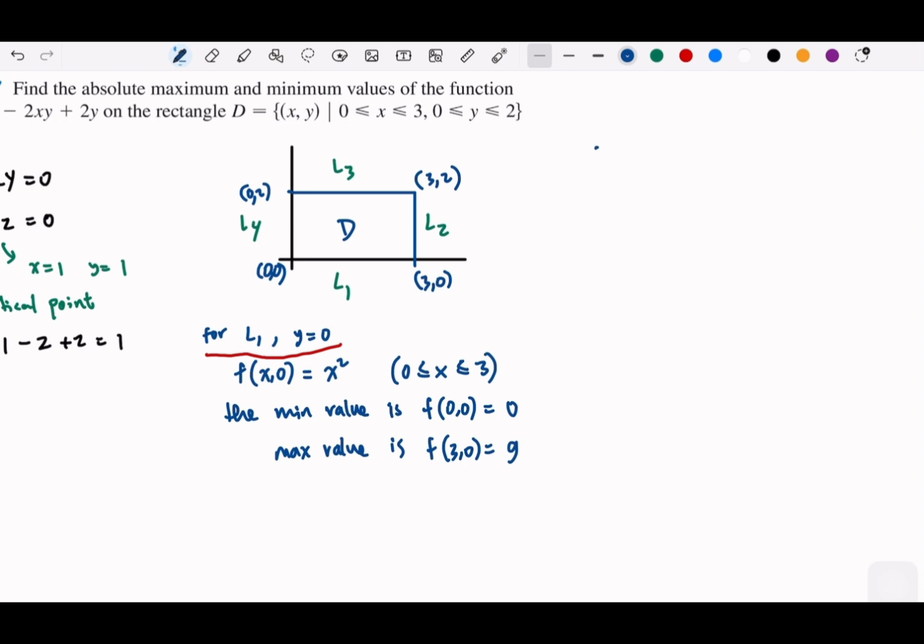Let's check L2. This is x equal to 3, so we have 3 and y, where y goes from 0 to 2.